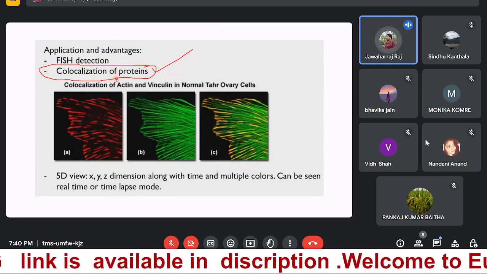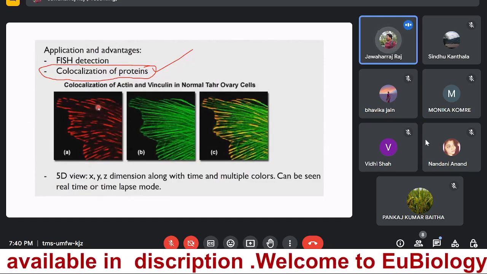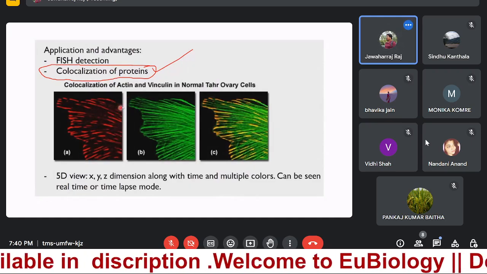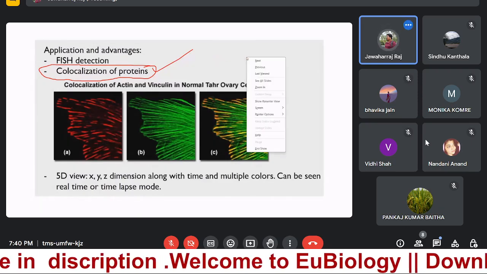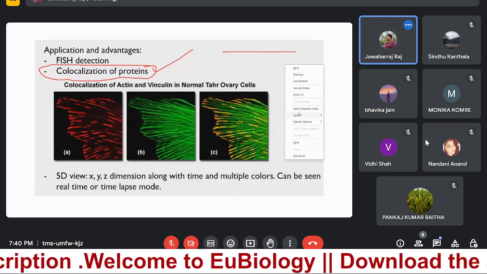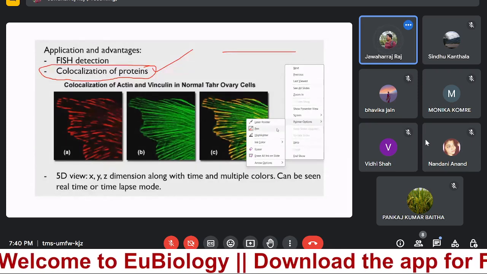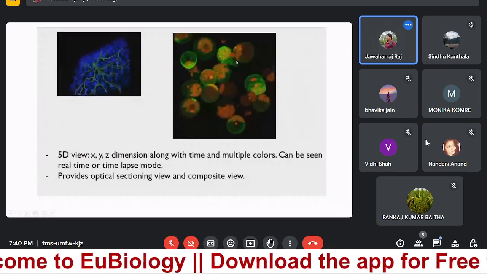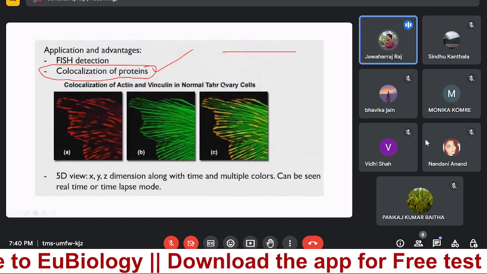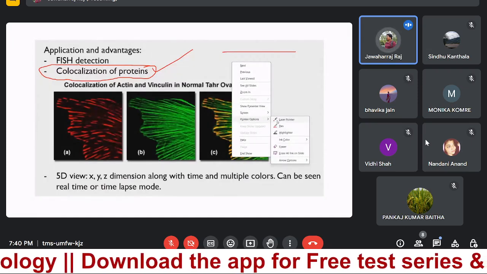What happens in the confocal microscopy? If in the same place, things are overlapping one another, I'll draw this.